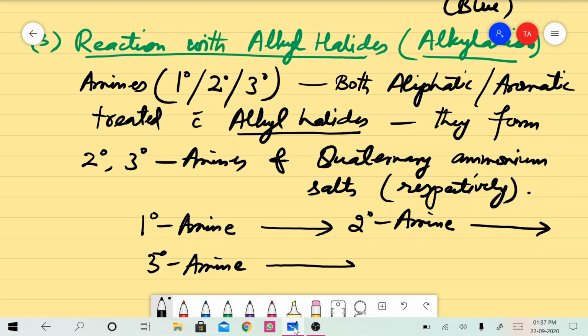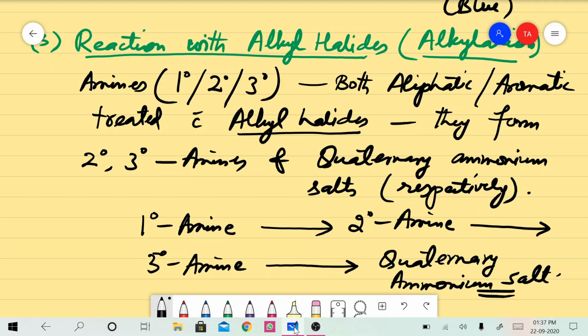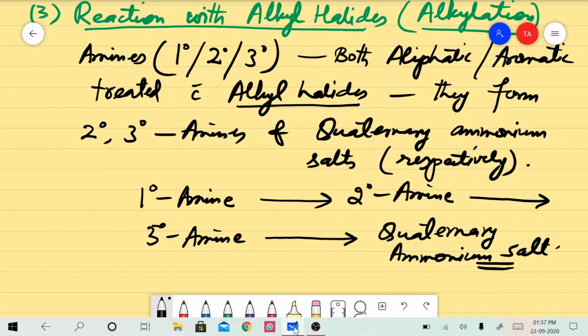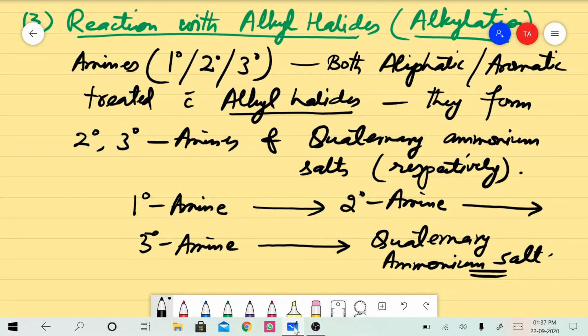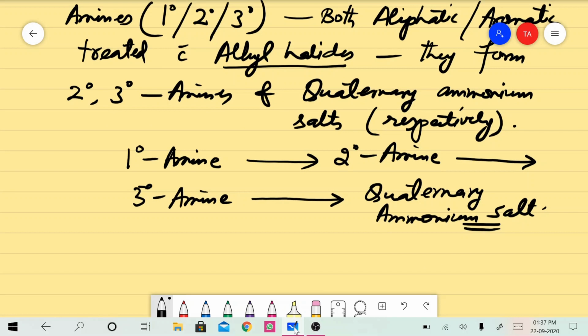And if tertiary amine reacts with alkyl halide, finally we get a quaternary ammonium salt. Therefore, इस रिएक्शन का जो एंड प्रोडक्ट है that is always quaternary ammonium salt, whether we start from प्राइमरी अमाइन और सेकेंडरी अमाइन और टर्शरी अमाइन. लेकिन कंडीशन ये है that alkyl halide that is RX it should be in excess.